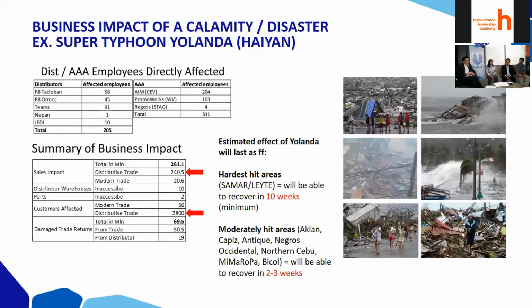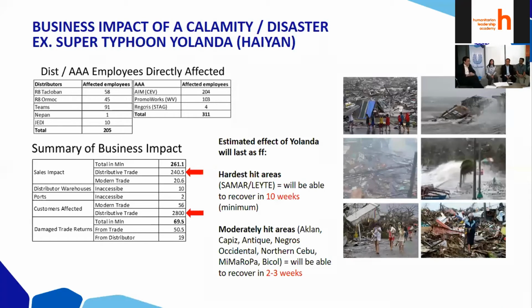From the modern trade, hardly any losses. It also reflects in the number of customers: more than 2,800 customers affected during the time. Really small retailers, again very few in terms of the modern trade.